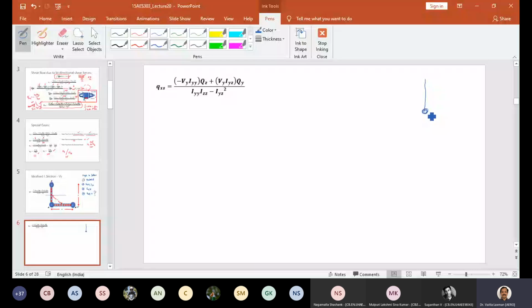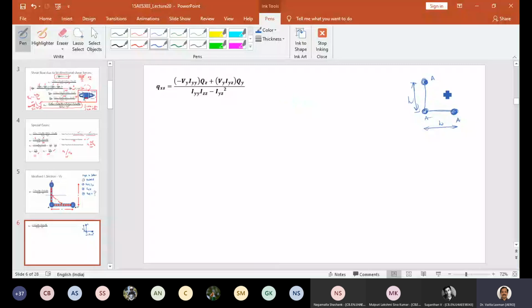This is one A. This is the other A. And the third area, and this distance is h, and this distance is again h.